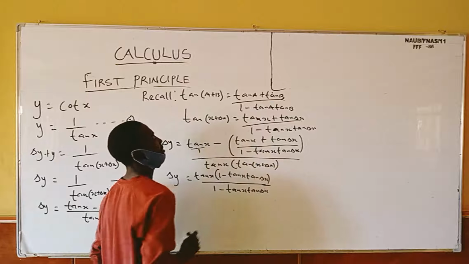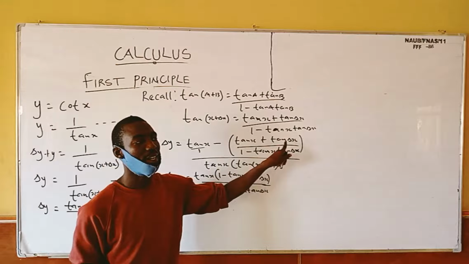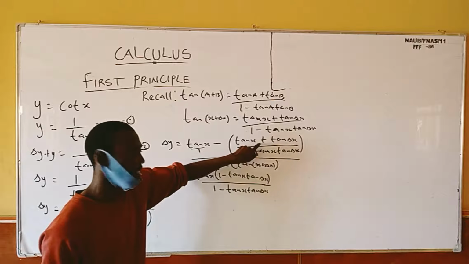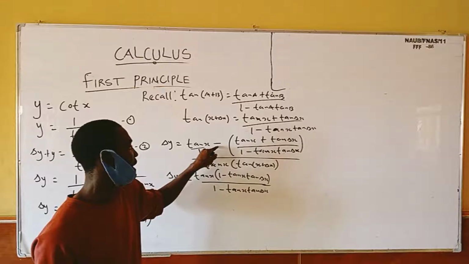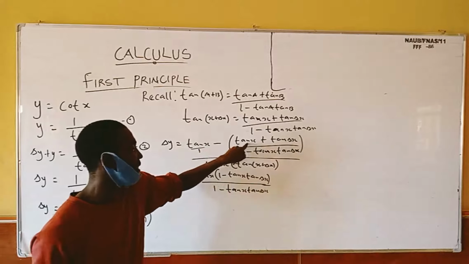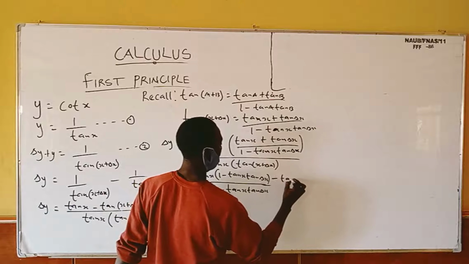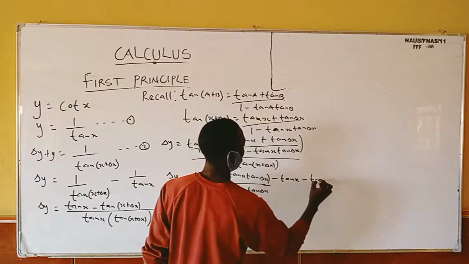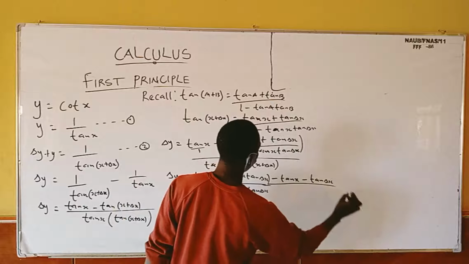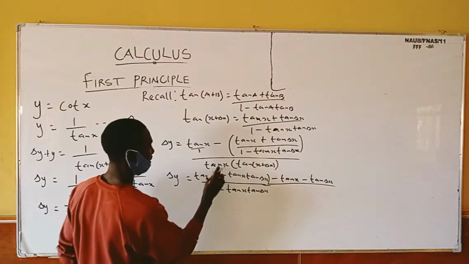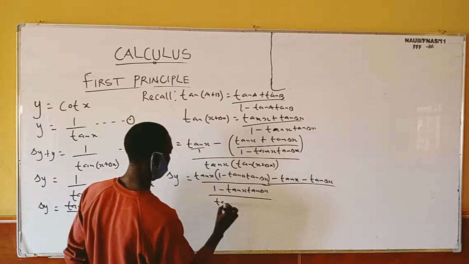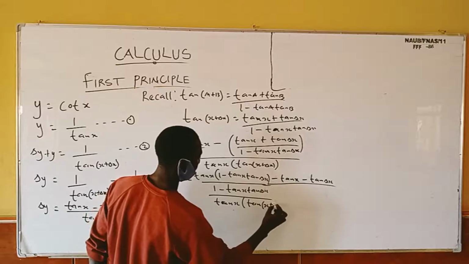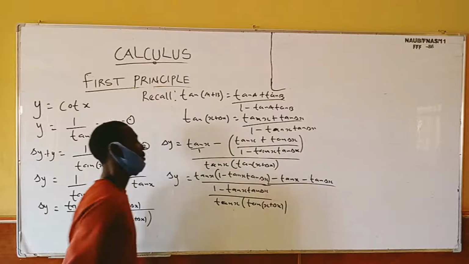This minus is going to neutralize everything inside this bracket. And before that, this in this is 1, and 1 times everything here is still this. So we have to open the bracket with this minus. Minus times tan s is minus tan s. Minus times this is minus tan change in s. I hope you get this. So you can now say all over tan s into tan s plus change in s. I hope you got this right.